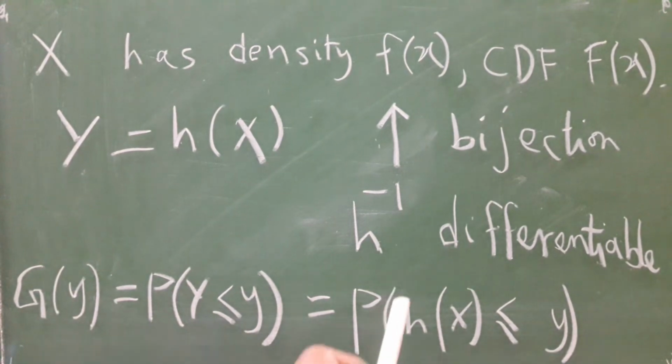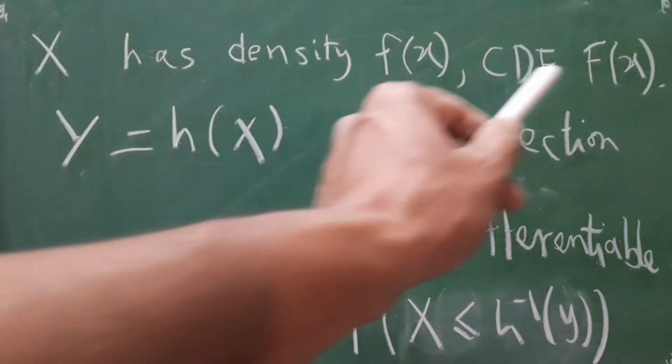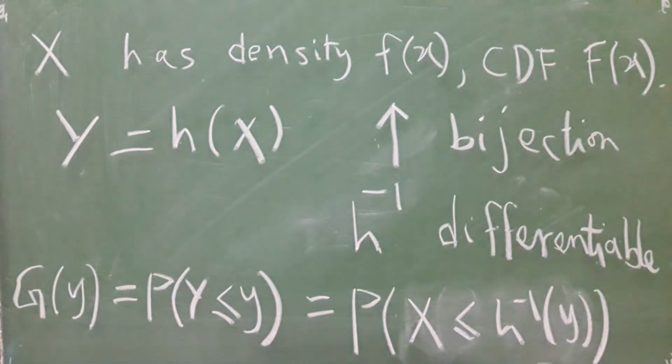So when I apply h inverse to both sides, the inequality remains unaltered and we get x less than or equal to h inverse of y. Now I have assumed that x has CDF capital Fx, so this is nothing but capital F evaluated at h inverse y.